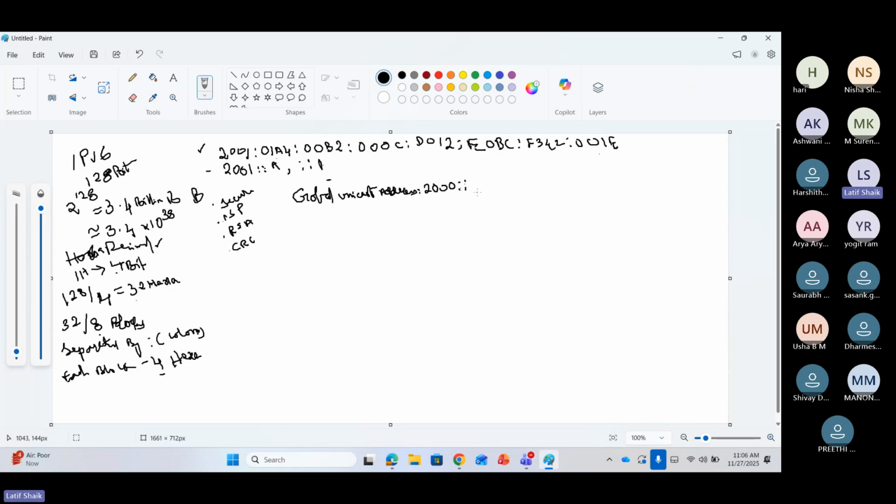And it goes up to 3FFF, and the remaining are all F's only. So this is the starting and this is the ending. This complete range is the global unicast address, and this is used for public communication, like when you're accessing the internet, google.com, facebook.com. So you should be in this range only.